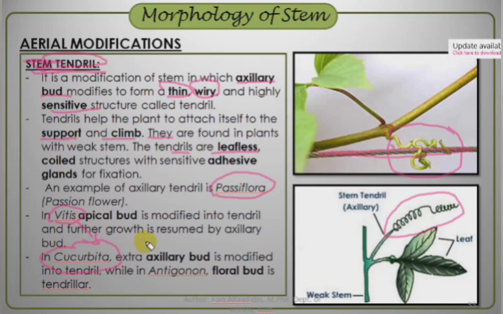If some of you students have ever seen a grape plant, a cucumber or watermelon plant, or Passiflora, you may have observed that all of these have a weak stem. The stem is thin and unable to grow straight, so they possess these wiry structures. With the help of these structures, they grow straight upward.